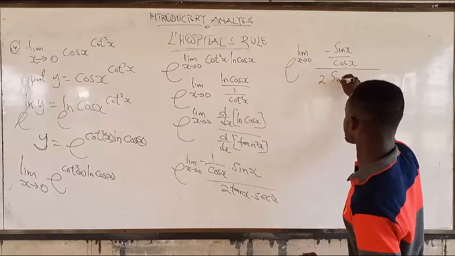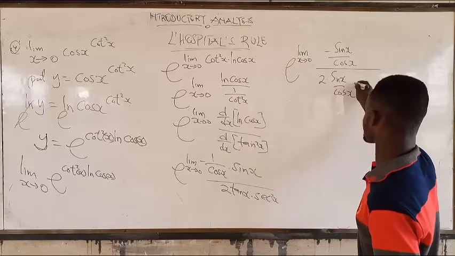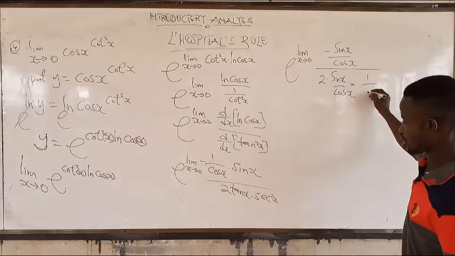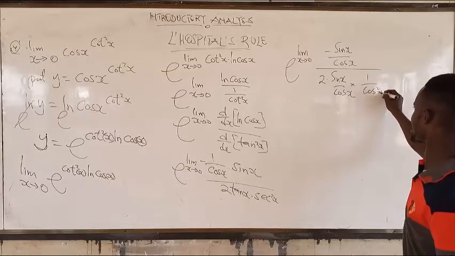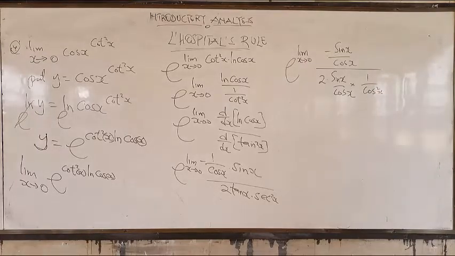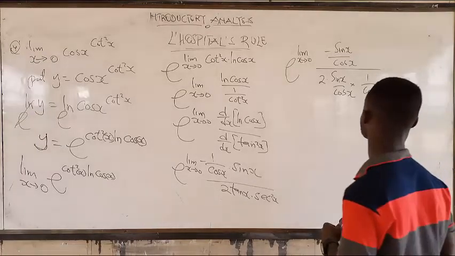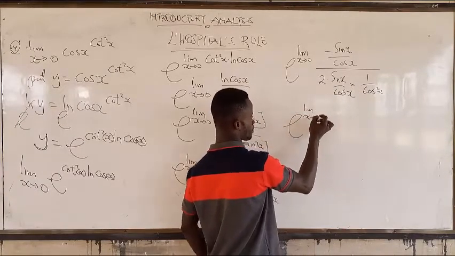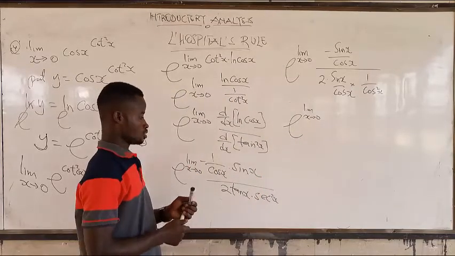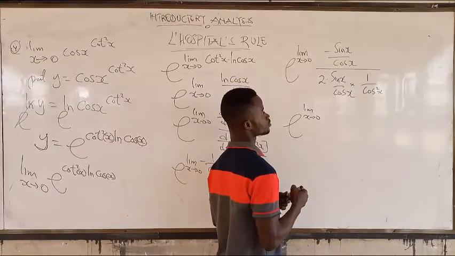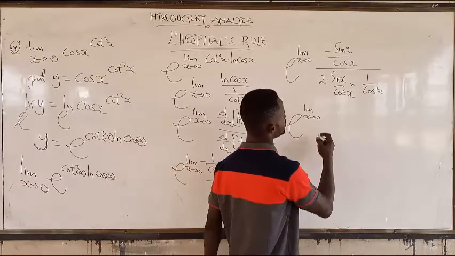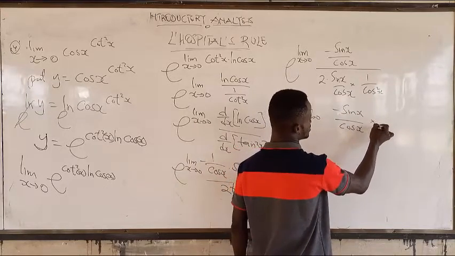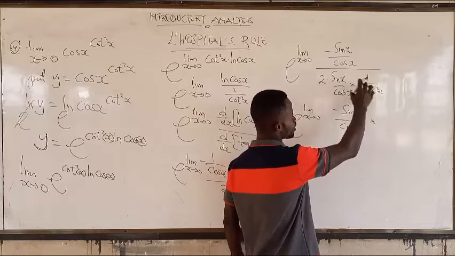Tan is sine x over cos x, times sec squared is 1 over cos squared x. So we end up getting negative sine x over cos x times the reciprocal of this.